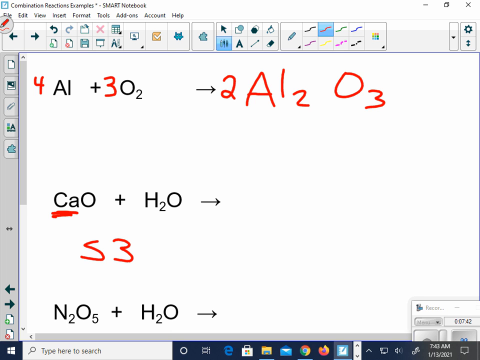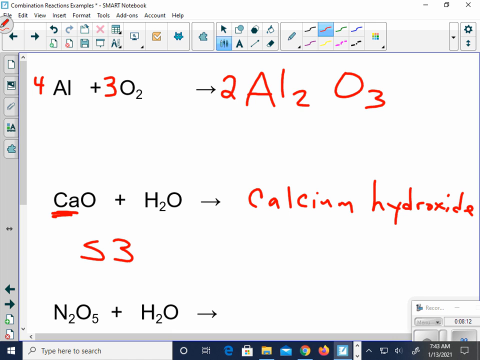Is calcium a group 1 or a group 2 metal? It is a group 2 metal, correct? So does it meet the specifications? It does. So what is going to be produced? A metal hydroxide. What is my metal? Calcium. So calcium hydroxide is what's going to be produced.